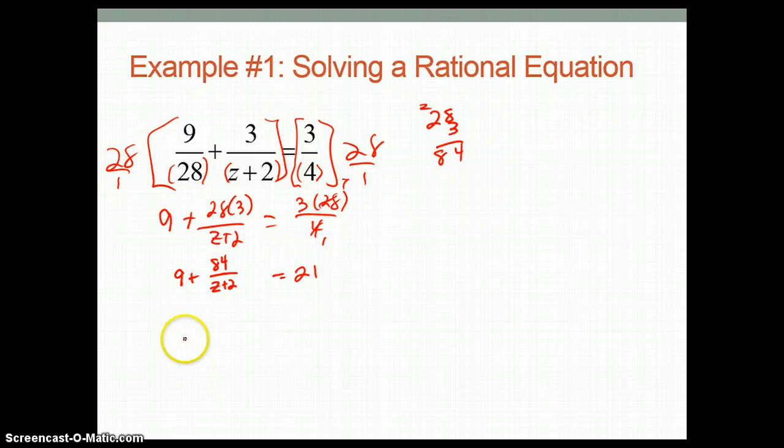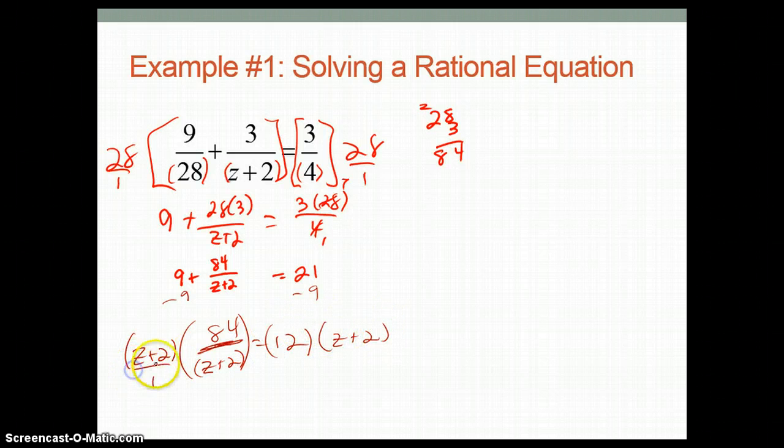At this point, we really want to be careful when we look at the equations and ask ourselves, how can we make life easy? So in this case, if I subtract 9 from both sides, I would end up with this. Now this makes life a lot easier. Since this bottom is z plus 2, I can multiply both sides by z plus 2.